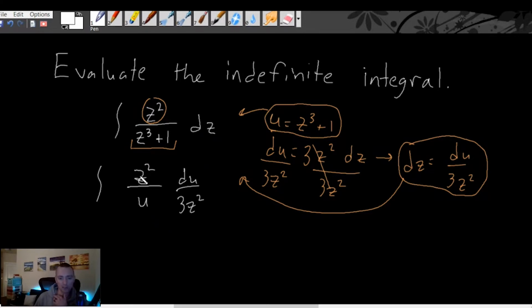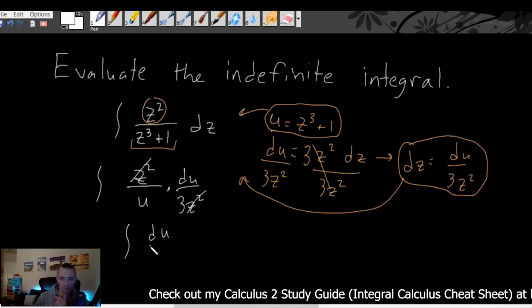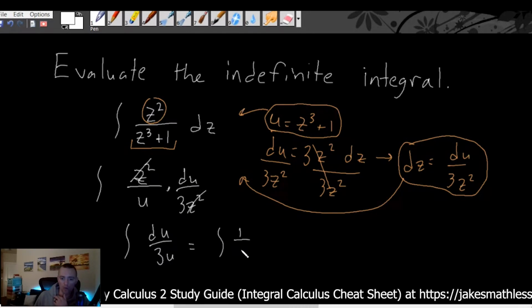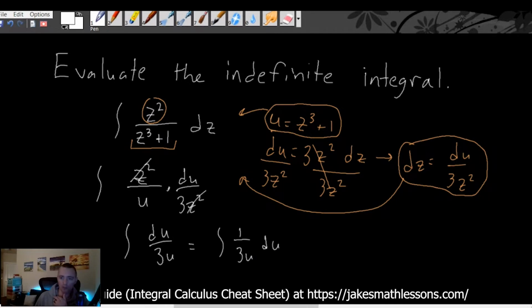Since we have a z squared on the numerator times this other fraction with a z squared on the denominator, those z's will cancel out. So what we actually have here is the integral of du over 3u, which really is the same as 1 over 3u times du. So really this is the function that we're integrating.